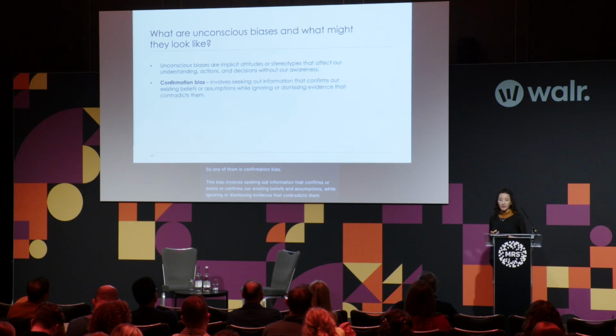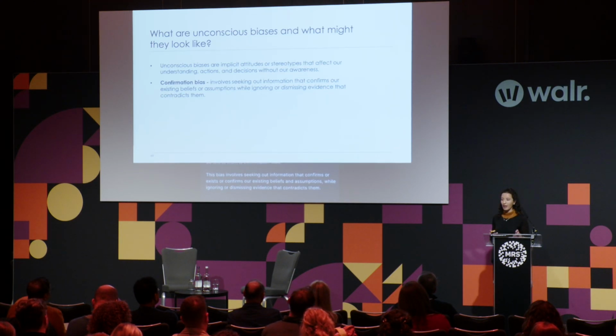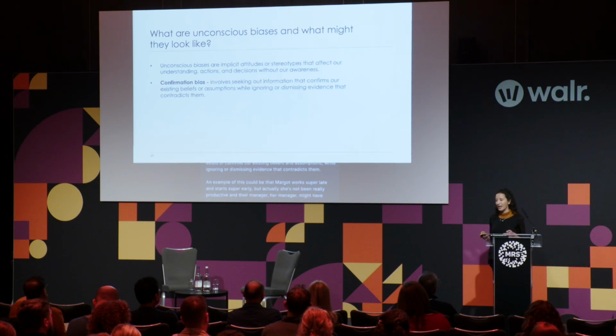An example of this could be that Margot works super late and starts super early, but actually she's not been really productive, and her manager might have assumptions that if you work super late, it means that you're working really hard, versus Yusuf, who always clocks off on time, but actually produces really high quality work.